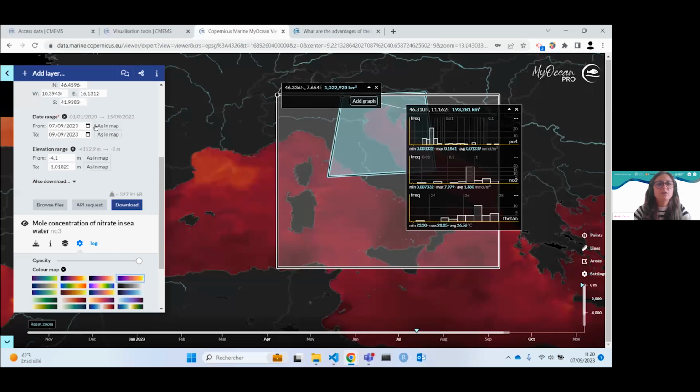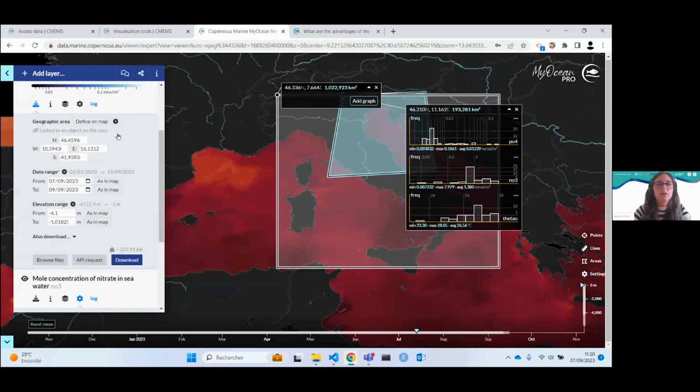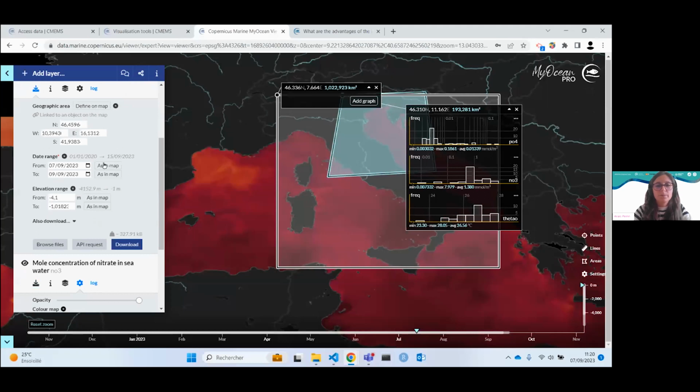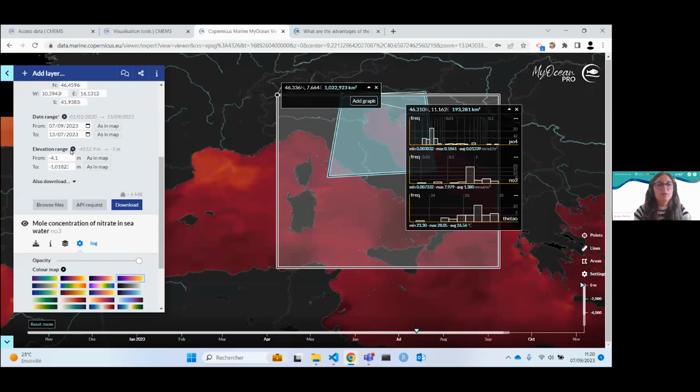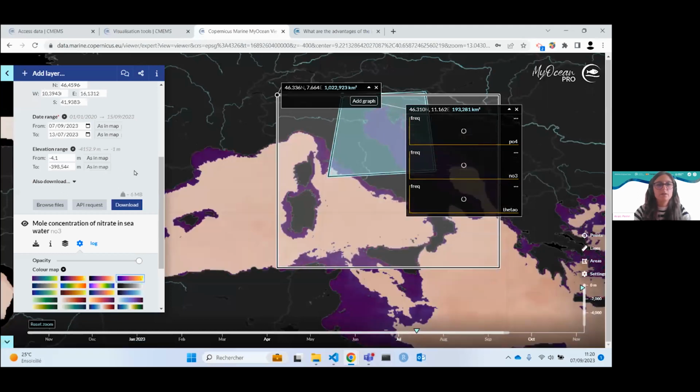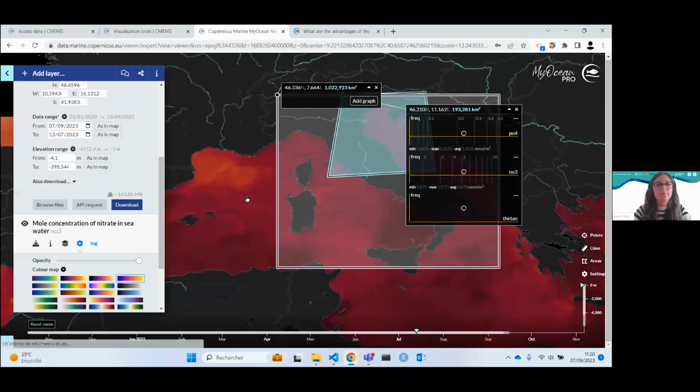And you can also use the as in map option, like the define on map option. For example, here, the date is the date of my visualization. For elevation range, you can choose the level you are interested in, and you can also use the as in map option. For example, here. Voilà.